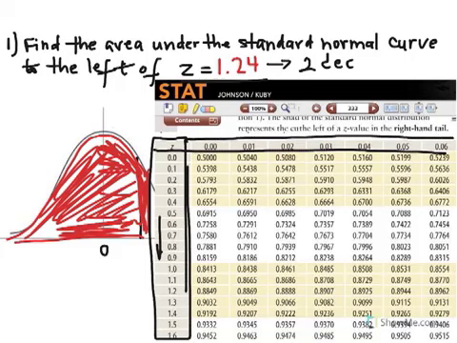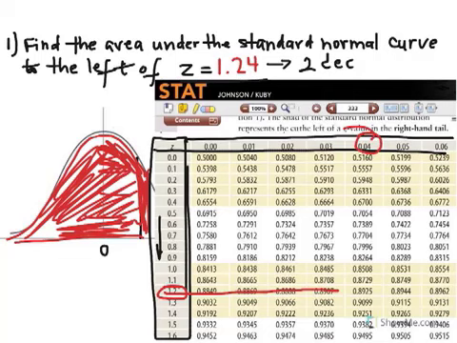Okay, so how are we going to read this now? If we need a z-score of 1.24, the first thing we need to do here is find 1.2. So 1.2 is this right here. Now what we need to do is go across and find the 0.04, which is the second decimal, or the 100th digit.